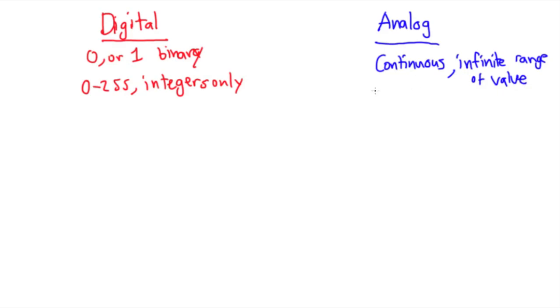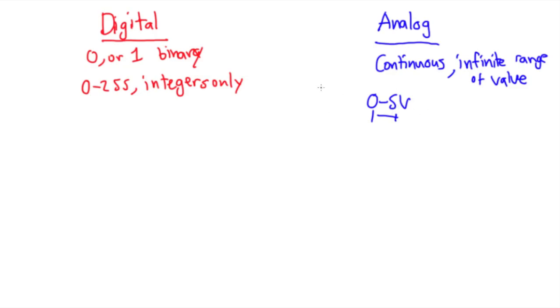So an analog signal could be something from 0 to 5 volts, and it could be any voltage in between 0 and 5 volts. It could be 1 volt, 2 volts, 3 volts, 1.5, 1.54, 1.59, 1.599999 volts. This is pretty much how basic passive circuits work, op amps, that sort of stuff.